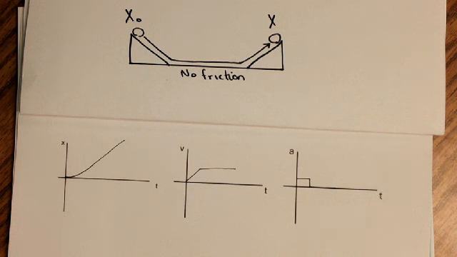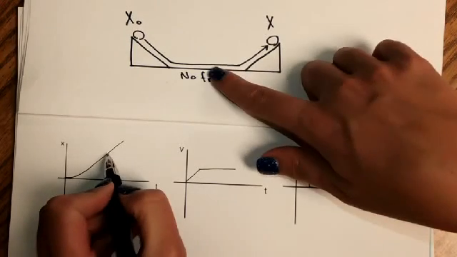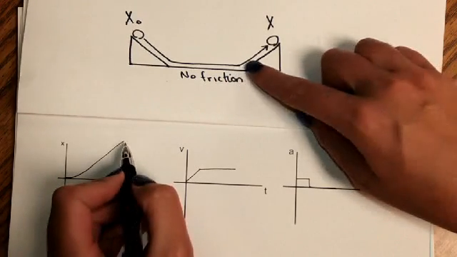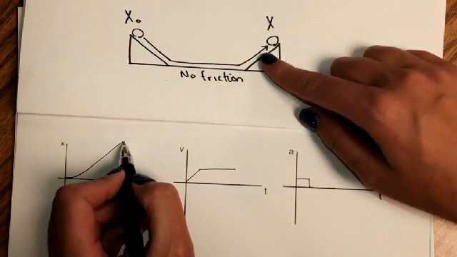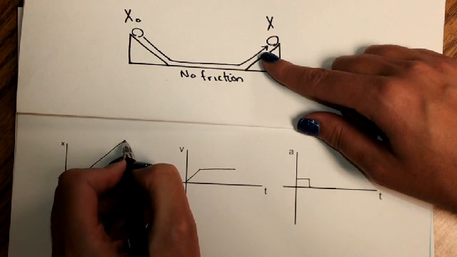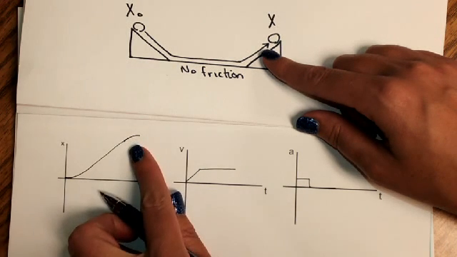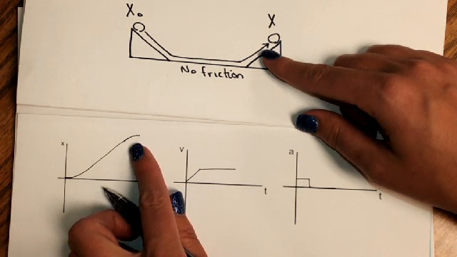Okay, back for answers. So here's what we would need to do. It's going at constant velocity, but as it goes up the ramp, it begins to slow down. So now its slope is still going to be positive because it's still moving to the right, but it's going to have to decrease. Okay, the slope will have to decrease.